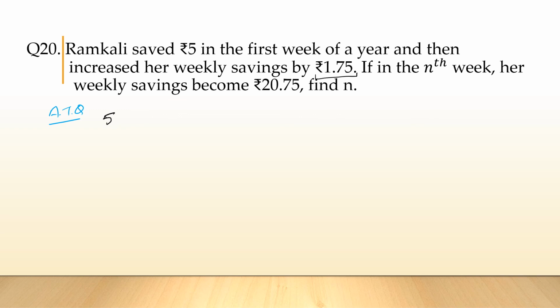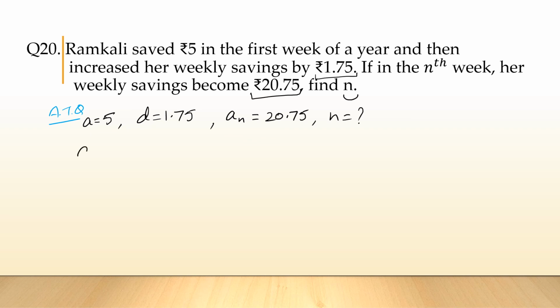If you try to understand this question, we get an AP where the first term will be 5 and she is increasing her weekly saving by ₹1.75, so the common difference will be 1.75. In the nth week her weekly saving becomes ₹20.75, so nth term is 20.75 and we have to find n.